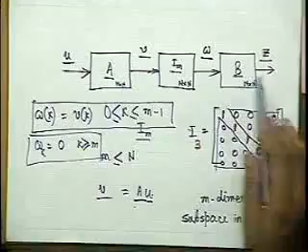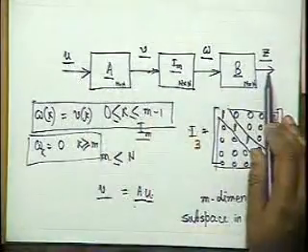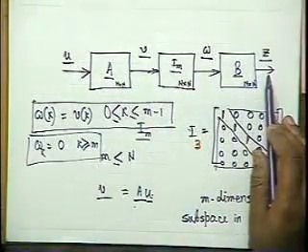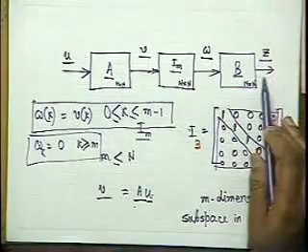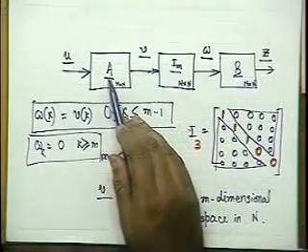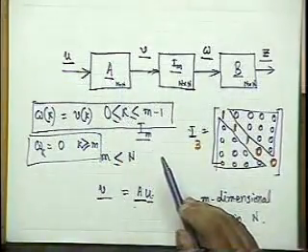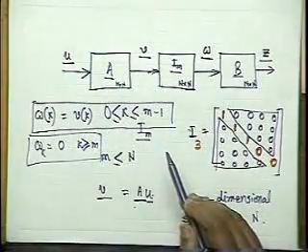So we are going to consider the mean square error between this U vector and the Z vector, and then we will see in what manner these transformation matrices A and B should be defined so that the mean square error is minimized.